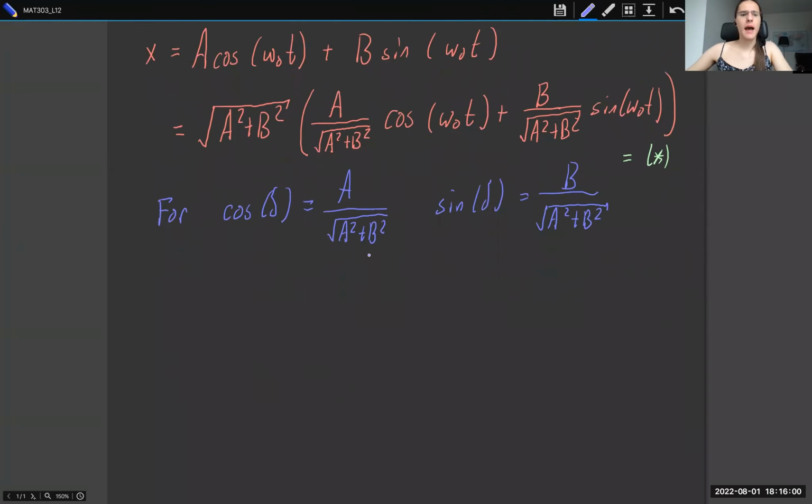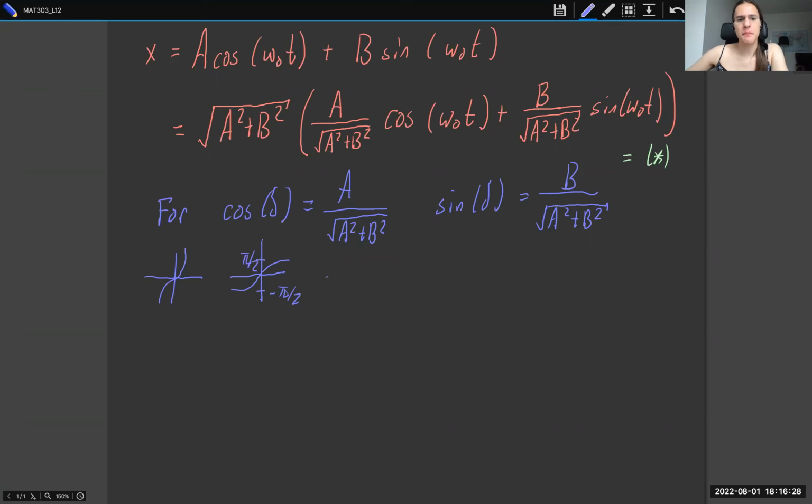So what would happen if we think of the graph of tan? It looks like this. And arctan looks like this. And if we think about it, arctan takes values between minus pi over 2 and pi over 2.